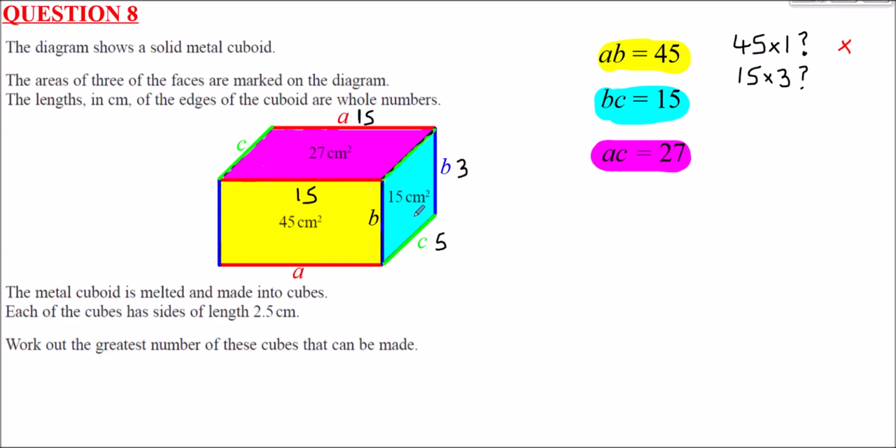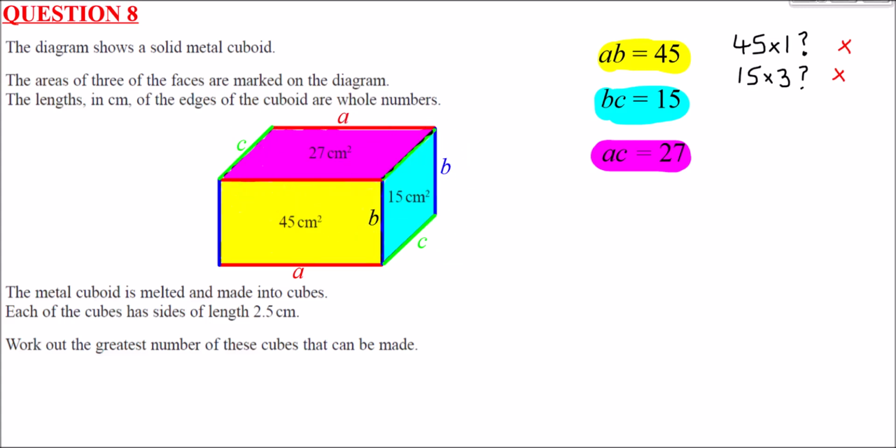But then if C is 5, that doesn't work. Another way of seeing that it won't work is 15 times something can never be 27 if that something's a whole number. 15 times 1 is 15, 15 times 2 is 30. So C would have to be a decimal. So 15 and 3 doesn't work either. But never mind, keep going.